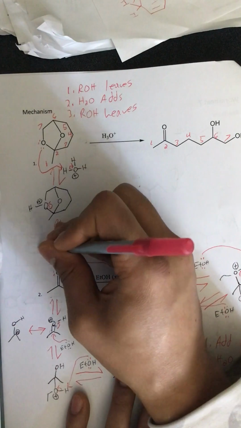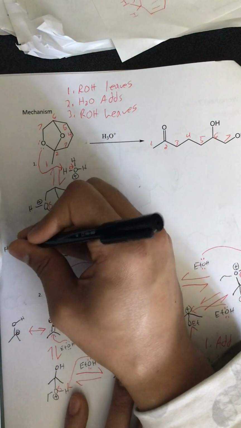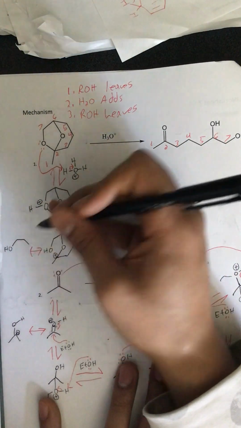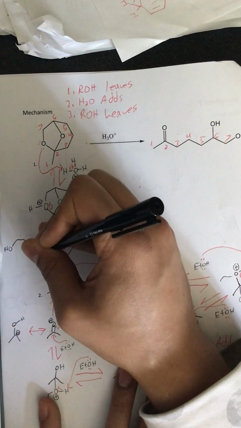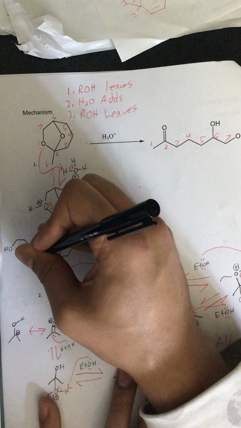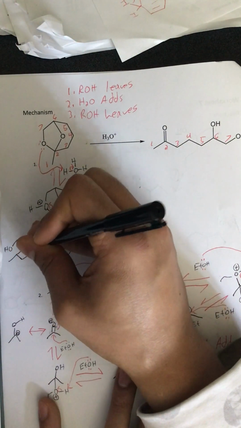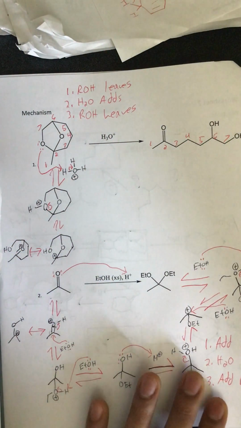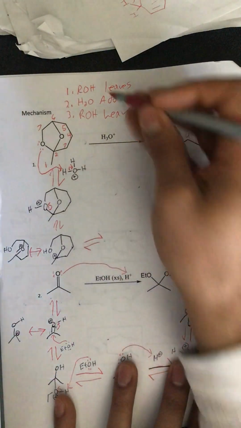This, of course, has a resonance structure. 1, 2, 3, 4, 5, 6. 1, 2, 3, 4, 5, 6. That's here, right? But the next step is we had ROH leave.